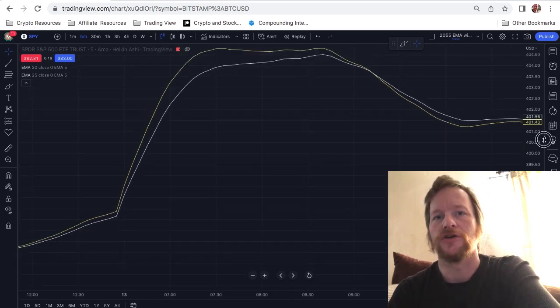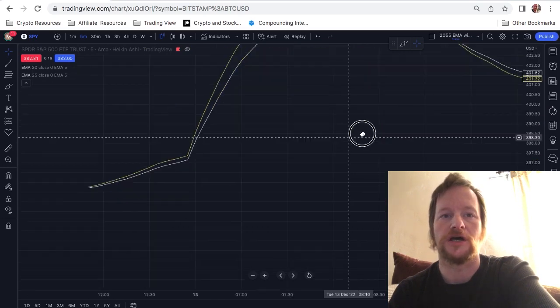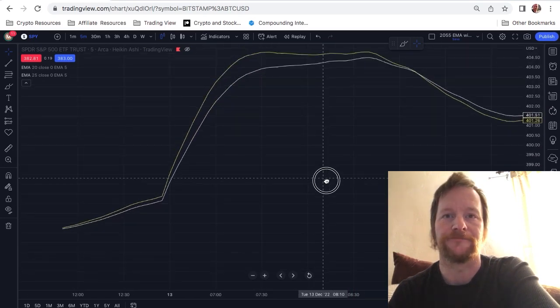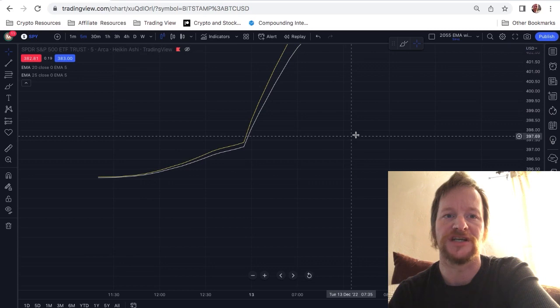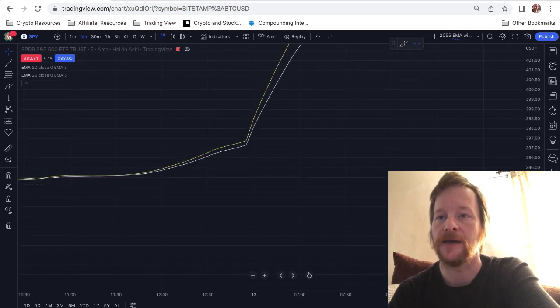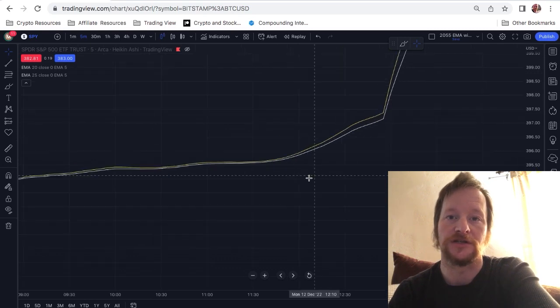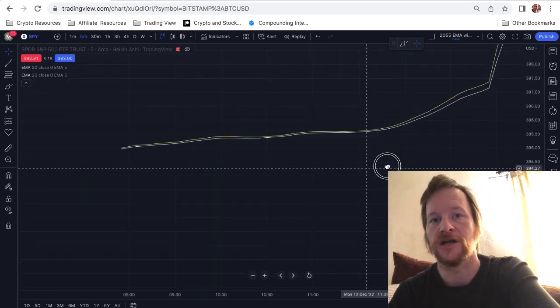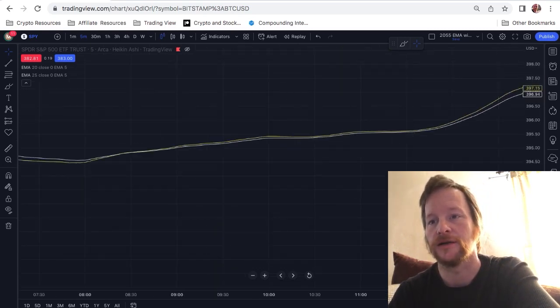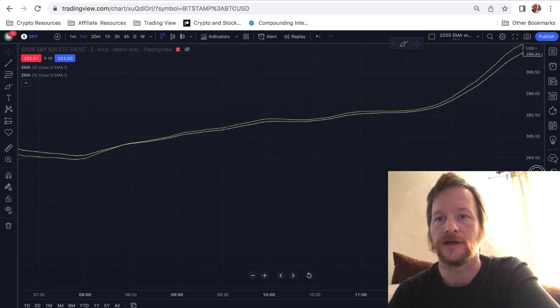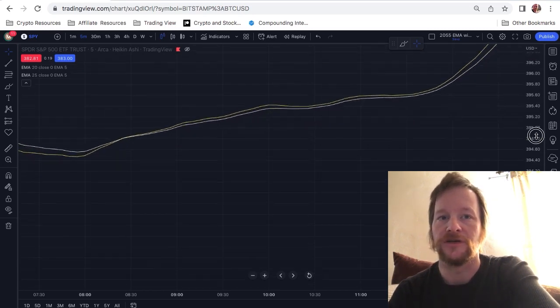You just want to observe the lines, and you can tell a lot about what's happening or what's going to happen just by these two lines. With this strategy, you have to zoom in as close as you can.